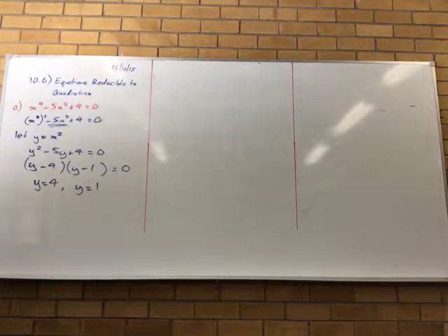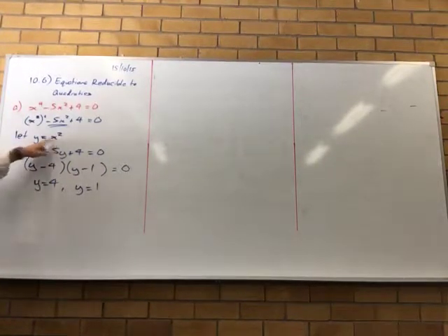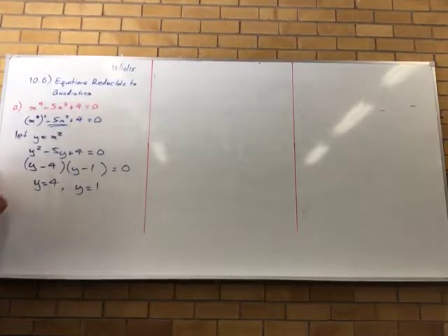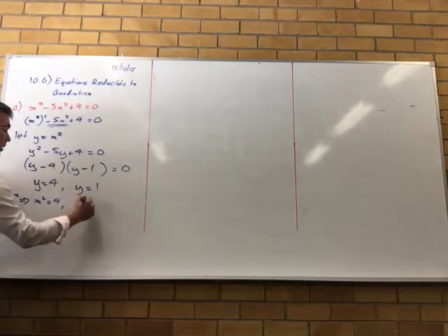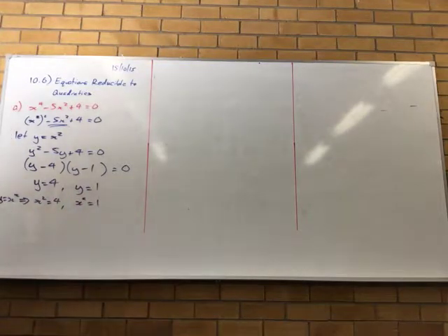Are we done? What do we need to do now? The original quadratic is in x's. You've just solved what you've manipulated for y. So y equals x squared, which implies that x squared equals 4 and x squared equals 1. And then you solve those two.